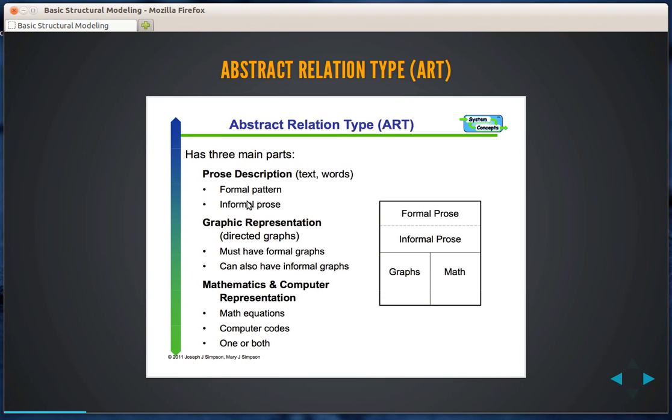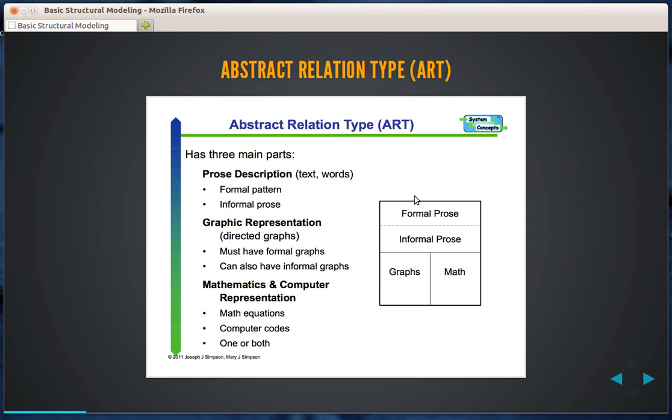In the formal prose, you can have a formal pattern, you can have informal prose, but you really need to describe what's going on, what the relationships are, what the system set is, and then take a representation of that prose description and display it as a graph and also display it as mathematics.